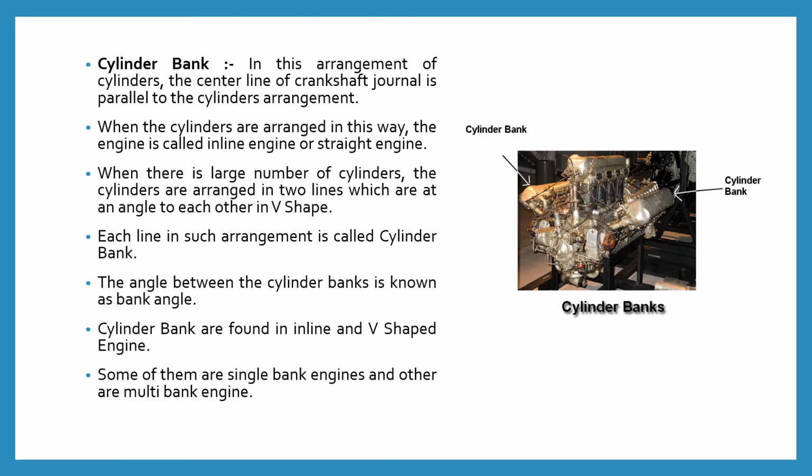The angle between the cylinder banks is known as the bank angle. Cylinder banks are found in inline and V-shaped engines. Some of them are single bank engines and others are multi-bank engines.